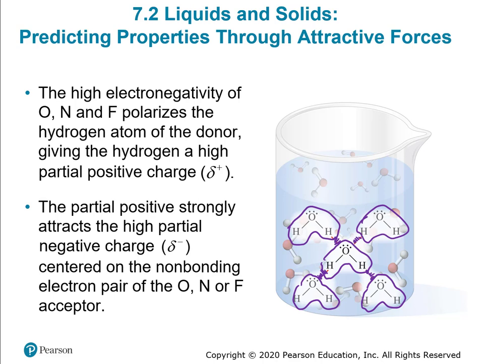And there are actually water molecules behind these, in front of these, above and below, because if you have a cup of water, there's water all around each water molecule. So it creates this really strong attraction.